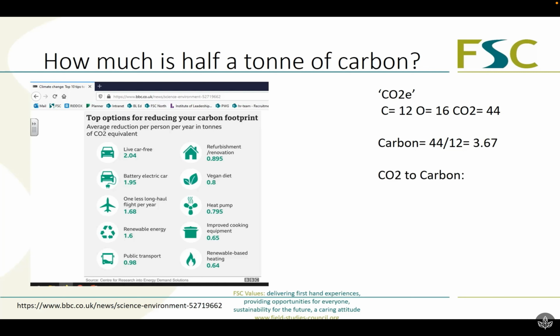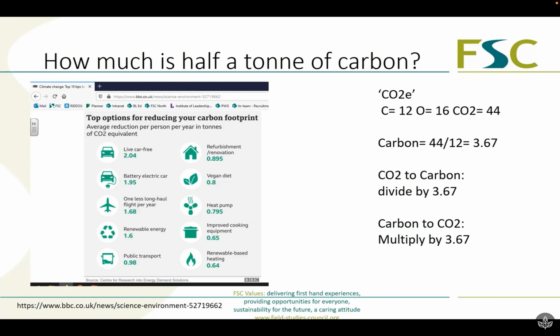If we have a measurement of carbon dioxide and we want to know how much carbon is within that measurement, we would divide by 3.67. If we have a measurement of carbon, and we want to know how much carbon dioxide would hold that much carbon, then we need to times by 3.67.